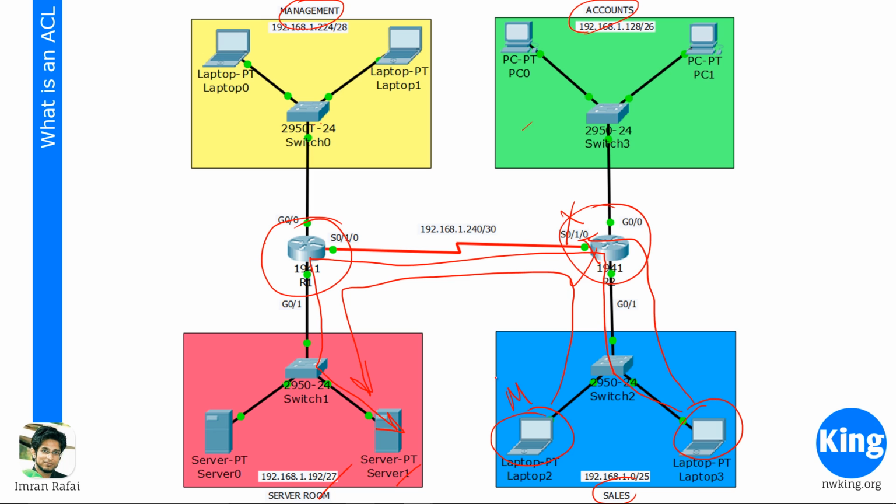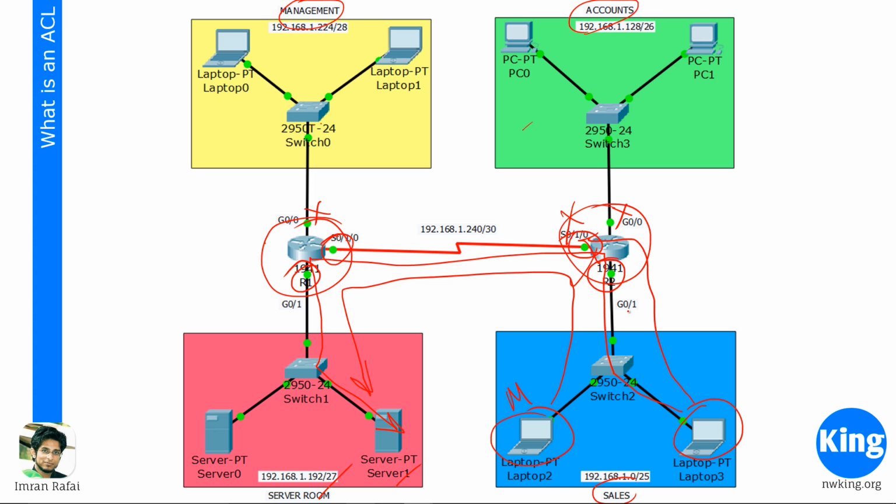The packet goes through this interface, comes out of this interface, enters this interface again and gets out of this interface. This interface has nothing to do with it, and neither does this one.